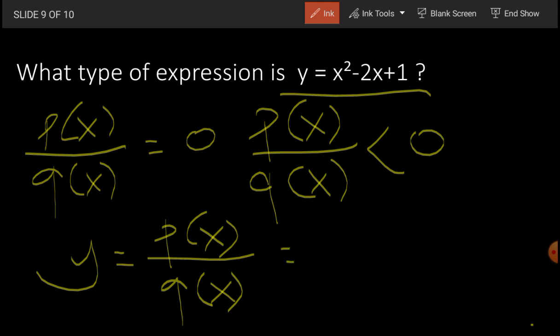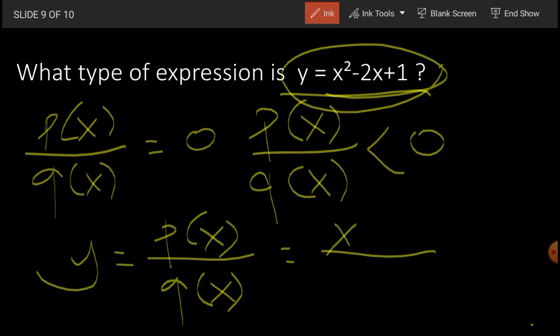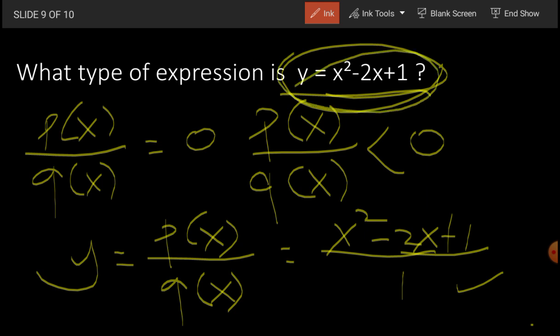But you cannot see a denominator in our situation here. Y equals x squared minus 2x plus 1. But since you cannot see a denominator, that means x squared minus 2x plus 1 all over 1. So 1 is also a polynomial expression, but it is just a constant. So this is a rational function.